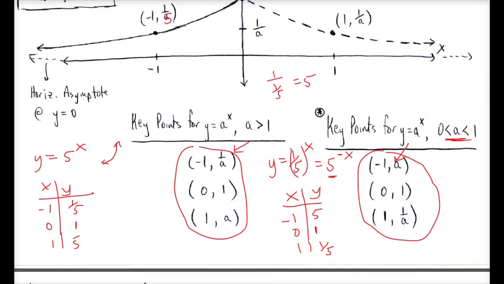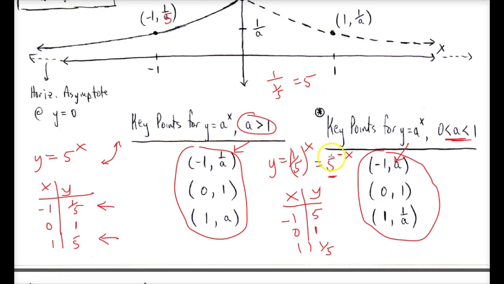So the thing that I want to point out is that here the key y values here are the first one and the last one, which goes with -1 and 1. So if you notice for the case when the base is greater than 1, we have low y value, high y value.